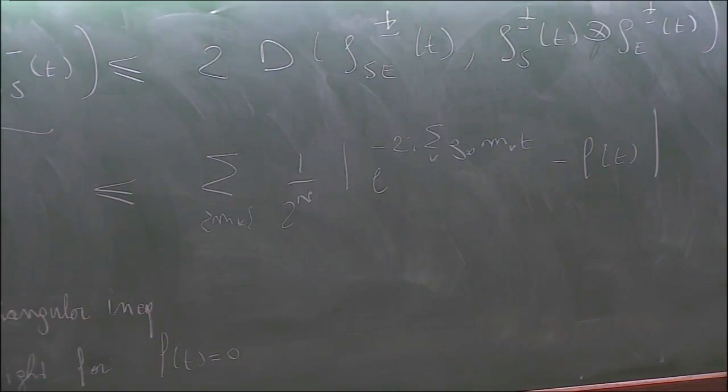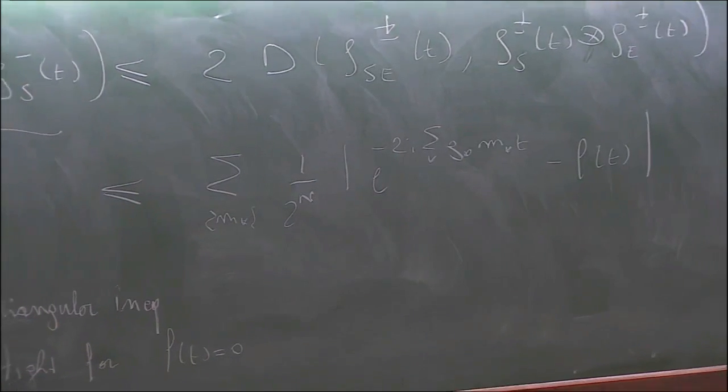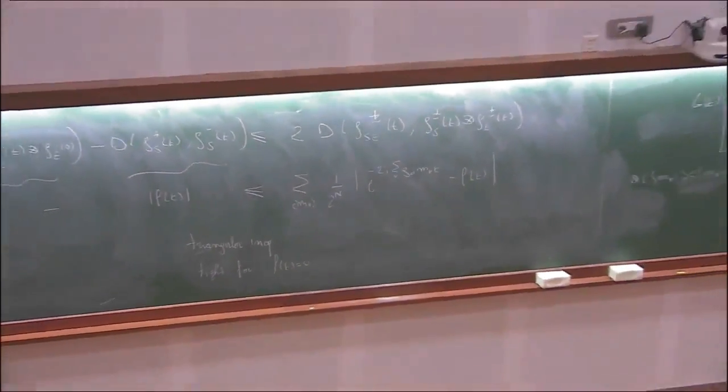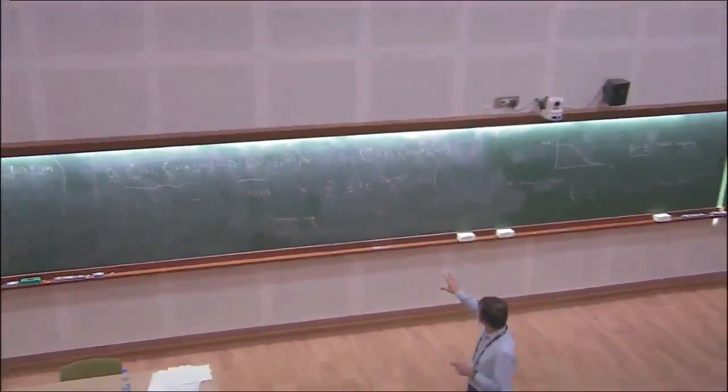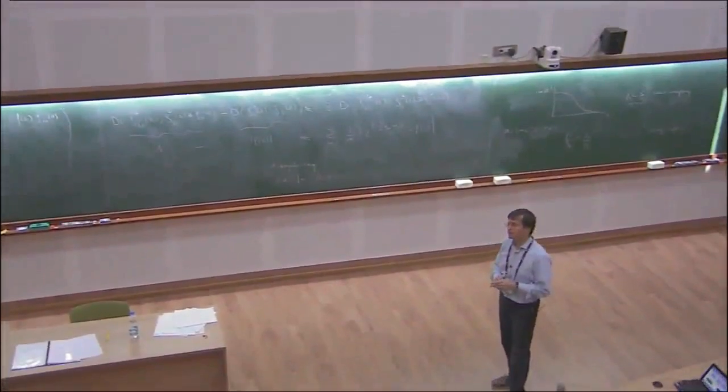So here you see an example, and of course you need a simple example, because imagine you have to work out the evolved state on the side of system and environment, then take the partial trace and so forth, and be able to calculate the trace norm, so it is in general a complicated task. However, given this simple example, you can really have a simple look at this inequality and see that indeed they are tight.